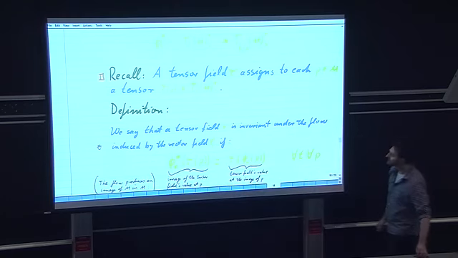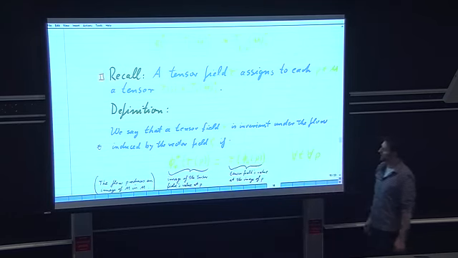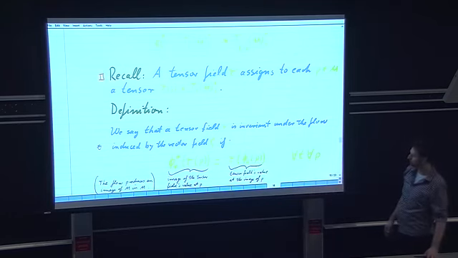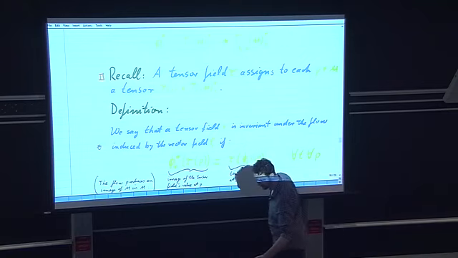Okay? If that's the same, then we say that our tensor field is invariant under that flow, under that induced map.